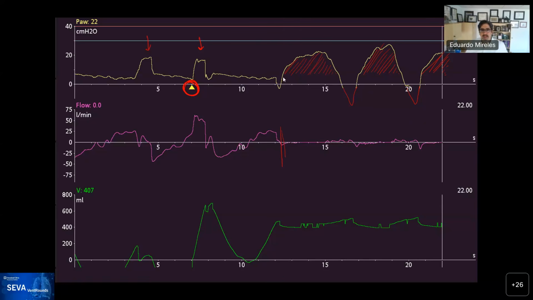There's a good article by the group in Toronto that shows that with just a single random expiratory pause, when you capture the first breath, it's very close to the excursion that occurs in an esophageal catheter.